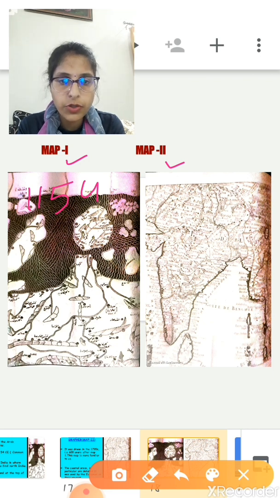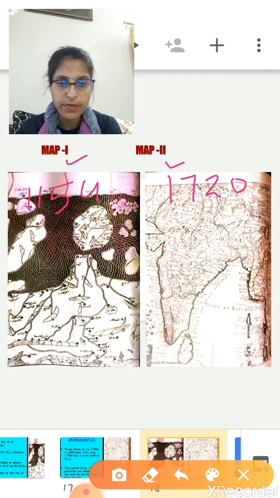Now map 2 was made by the French cartographer in which year? 1720. Both maps are quite different from each other. How? Even though they represent the same area, right? In map 1, we find South India at the place where we would expect to find North India, and Sri Lanka is an island at the top.